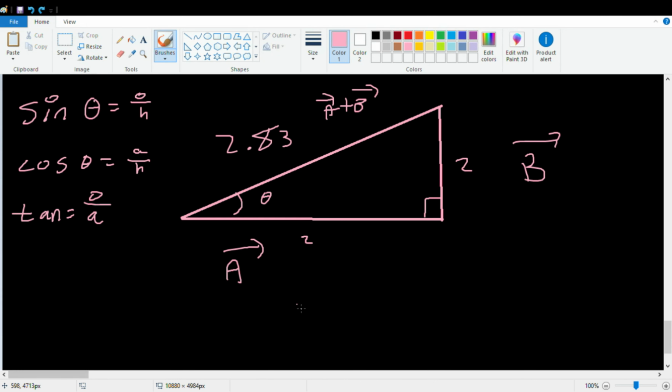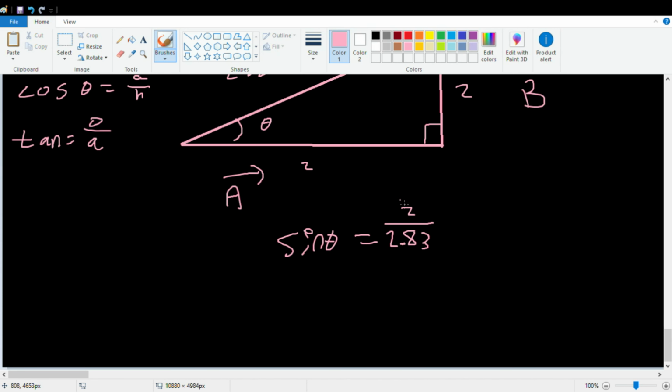Now, let's just use the simplest one, or the one that most people are familiar with, sine. So let's use sine theta equals the opposite of this angle, which is 2, over the hypotenuse, which is 2.83. And if anybody doesn't know what a hypotenuse is, it's the longest side of a triangle. Now we have our ratio for sine theta.